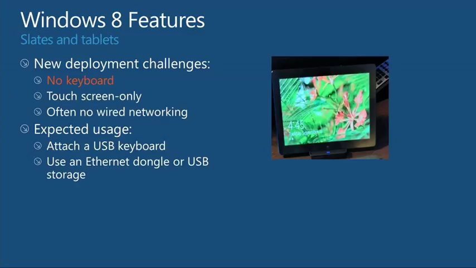That's still true with Windows PE 4.0. So you may need to attach a USB dongle to the device in order to install the OS over the network. So you kind of expect as part of the deployment of these machines to carry around a toolkit that contains these two pieces. I want a USB keyboard and I want a USB Ethernet dongle that I can attach to the machine so I can do an OS deployment to it.